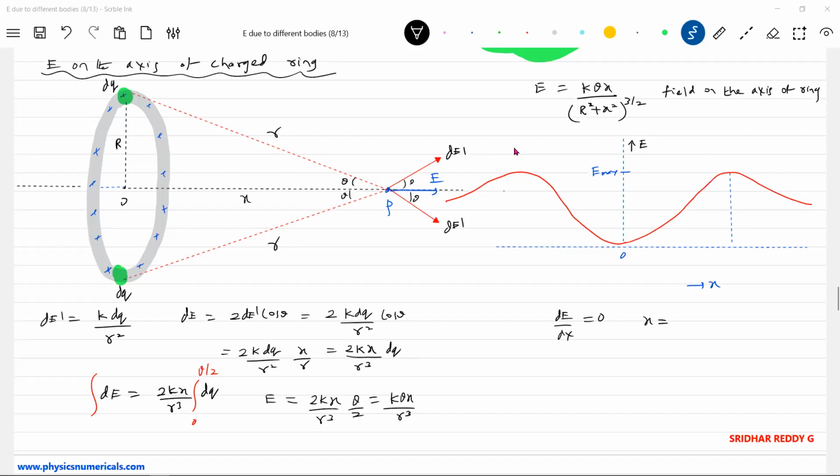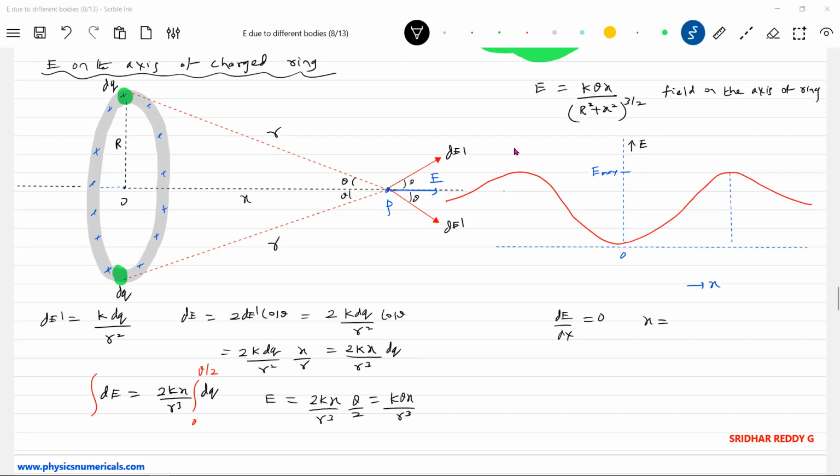Anybody, value of x equal to? We did this in gravitation, that's why I'm asking.